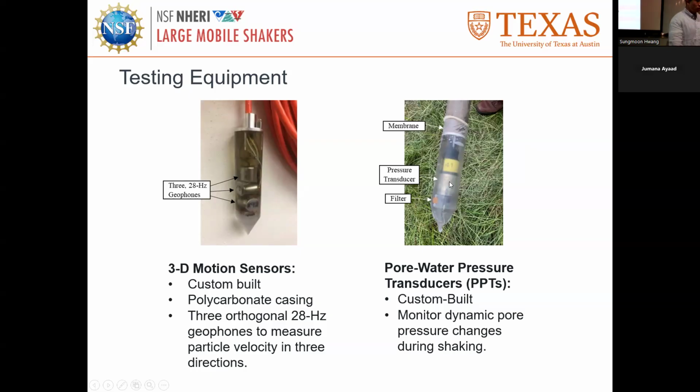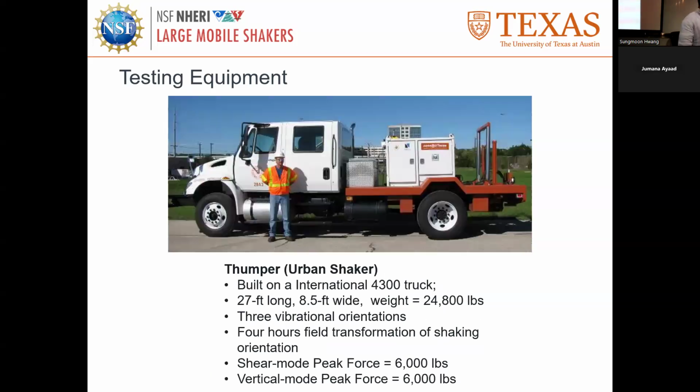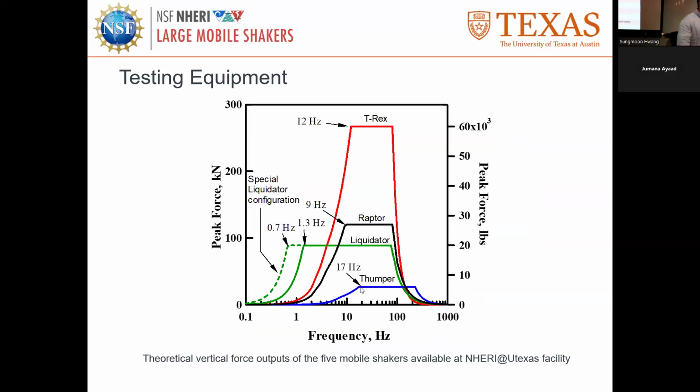And here's the pore pressure. We can measure the static and dynamic pressure of the water. We put the thumper on the top, and the thumper is good for this testing because we can generate high frequency results to get the Gmax, and then proceed to low frequency with larger displacement.